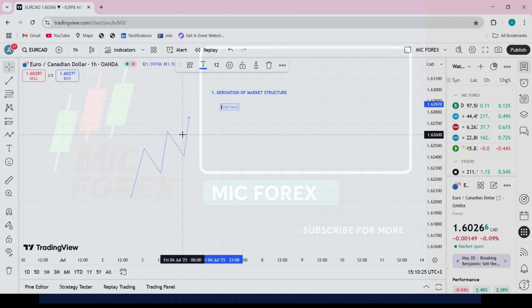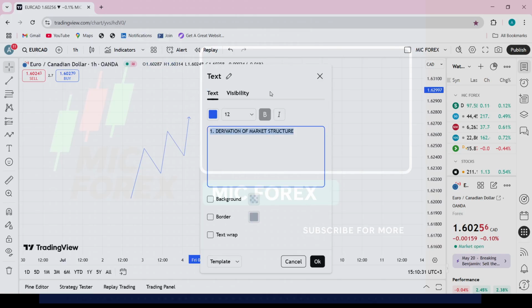Let me tell you that we have three types of market structures.